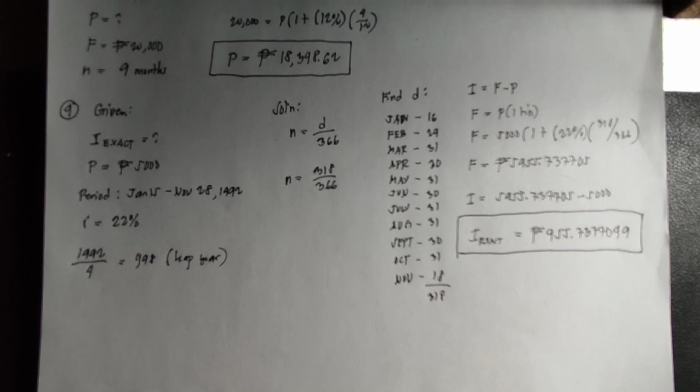Then let's substitute the value, or now we will use the interest formula, which is the future value or the future amount minus the principal. That concludes that we can also use the future amount value. F is equal to P multiplied to the quantity of 1 plus in.